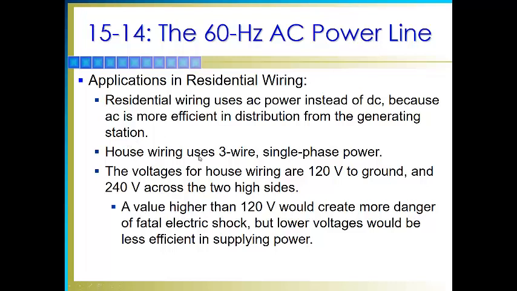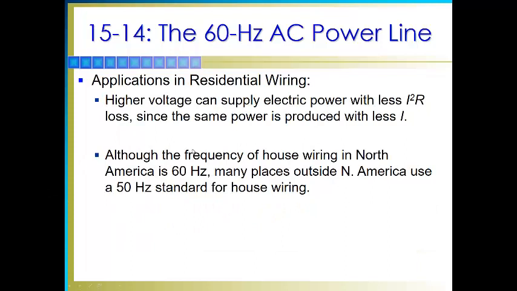Typically, the wiring in your house has 3 wires, single phase power, meaning that in some cases you're going to see outlets that have three holes in them. One of those is ground, so it has to be ground for safety purposes.